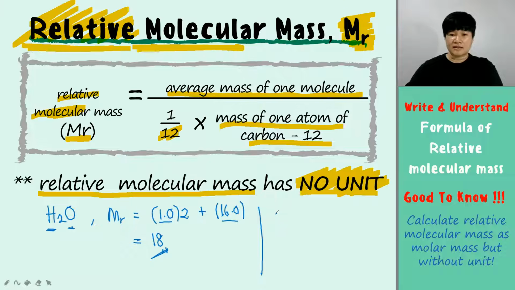Another example, CH4. Carbon is 12, and hydrogen is 1 with 4 hydrogen. So the relative molecular mass of CH4 is 16. That's it. We don't really use the formula; that is how we calculate the relative molecular mass.